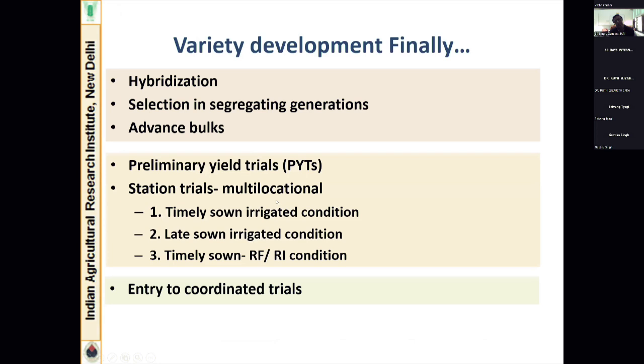Sometimes it is multi-locational, under different conditions. It may be under timely sown conditions or late sown conditions or rainfed or RI means restricted irrigation conditions. So this is the condition for wheat crop, and in other crops also there are different production conditions. And after this PYT and station trial, then cultivars enter the coordinated trials.